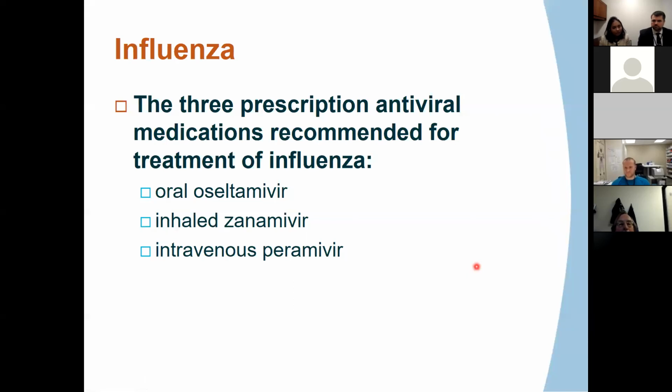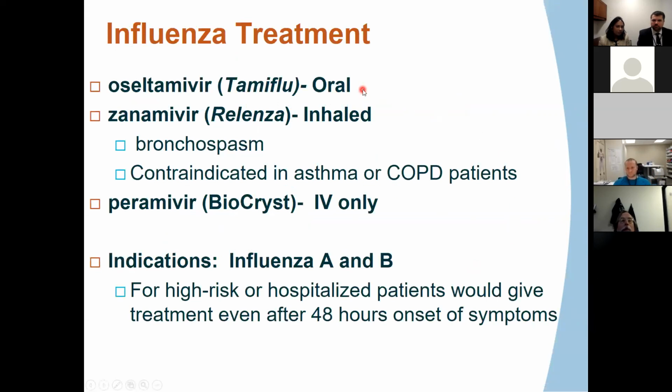There are three antivirals that we have for influenza. We have Tamiflu, which is oseltamivir, which is oral, which everybody's very familiar with. Then we also have inhaled zanamivir and intravenous peramivir, which is a newer drug that came onto the market a couple of years ago. Oseltamivir is great because you could give it in any setting.